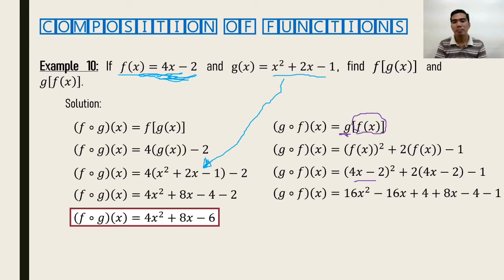So, the result will be like this. When we FOIL this, this is the result, guys. We have 16x squared minus 16x plus 4, plus this one, 8x minus 4 minus 1. Okay? Then, combine like terms.